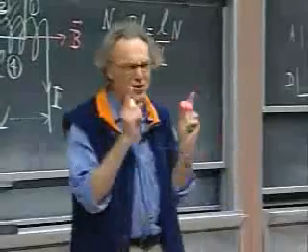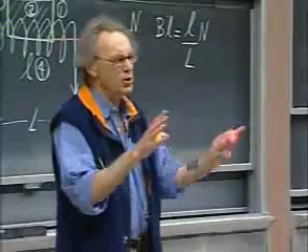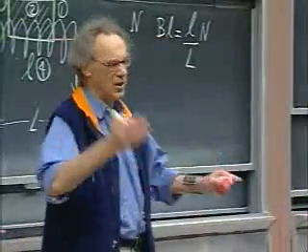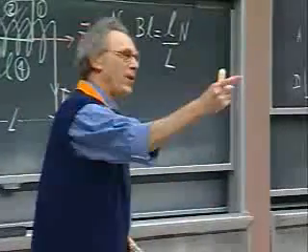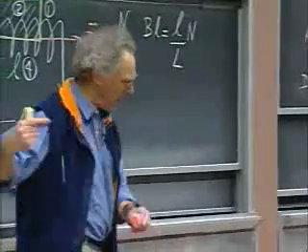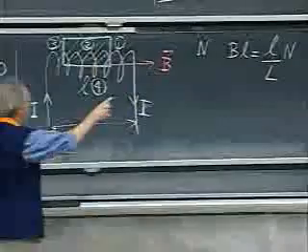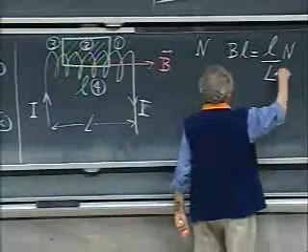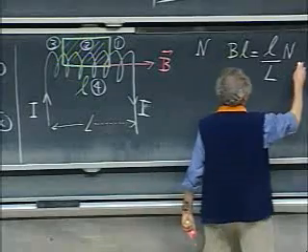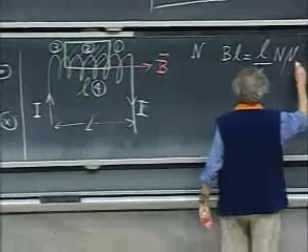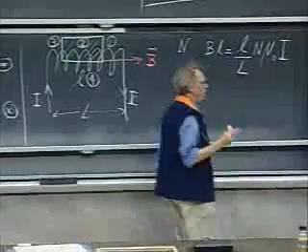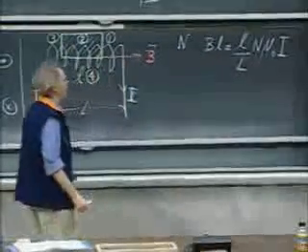Uniquely defined. I have a surface now. There is no such thing as "I enclosed." There is "I penetrate through that surface." It's a soap film, and I poke straight through it, and I do it so many times. Then I have to multiply this by mu 0, and then I have my I. Each time that it pokes through, I have current I.